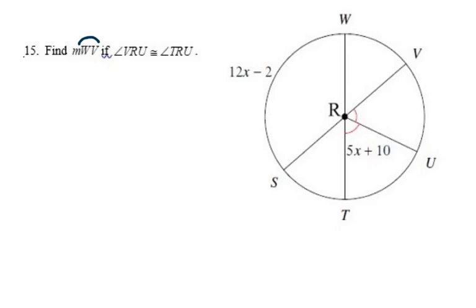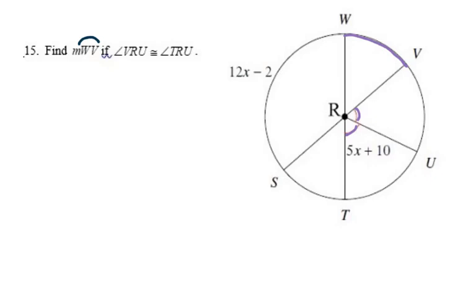So right away, we're given that these two angles are congruent to each other, as marked. So our goal, remember, is to find this value of arc WV.